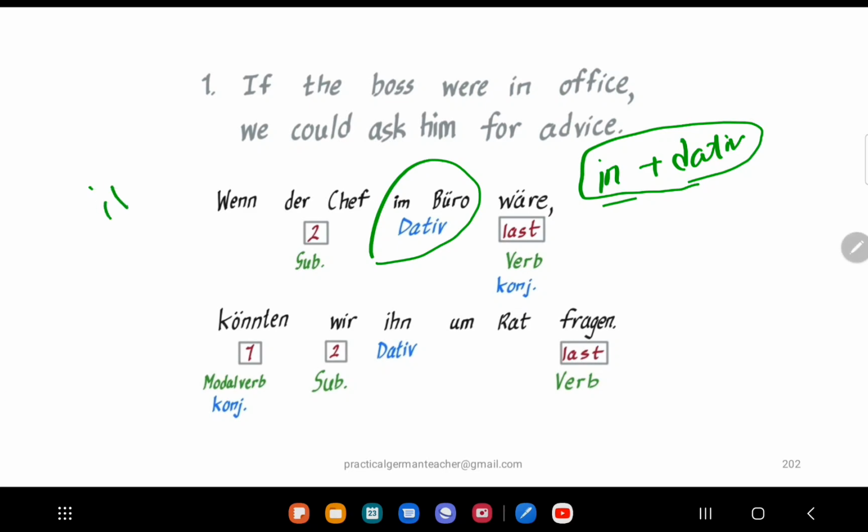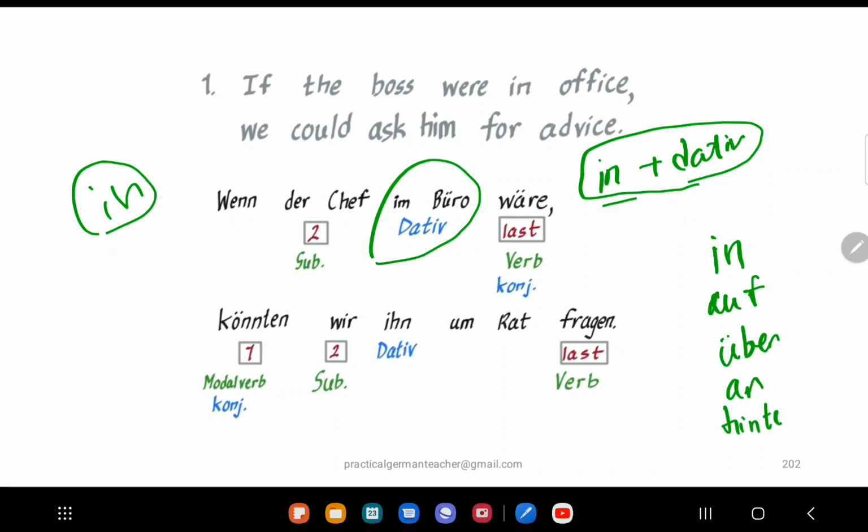So "in" happens to be a Wechsel preposition, and it can be sometimes accusative, sometimes dative. Whenever it is describing a static position, it is dative. This is how I think. Like when I say static position, this is not how the definition is, but this is how I think. Whenever I'm using prepositions like in, auf, über, an, hinter, right? This means in. This is on.